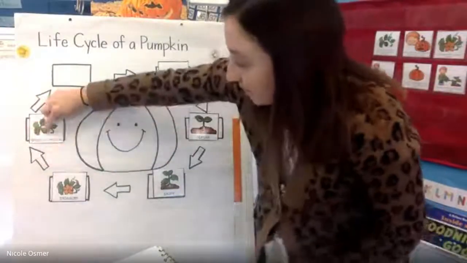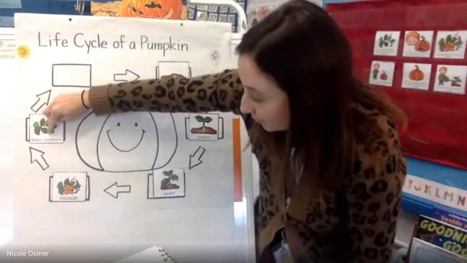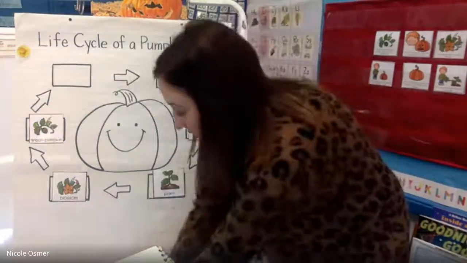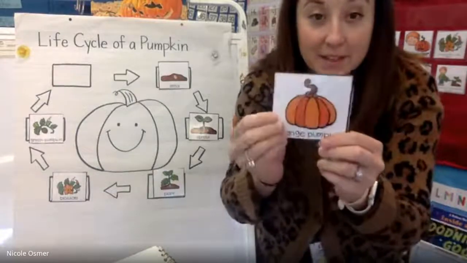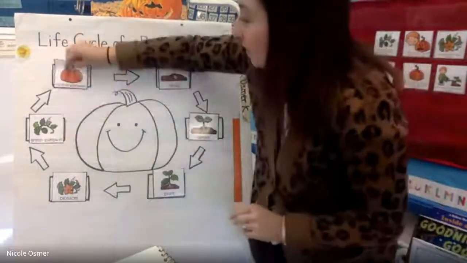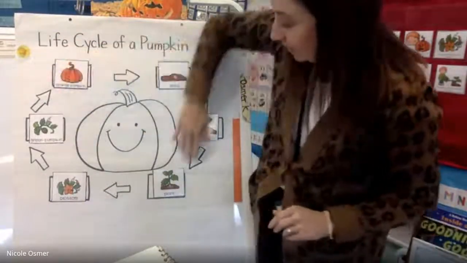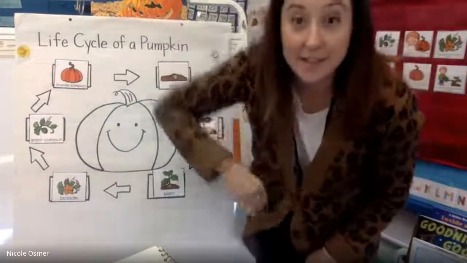And sometimes the flower kind of disappears off from the green pumpkin. It's like attached. And after the green pumpkin, we know the last step is the big orange pumpkin. And it keeps going. And that's why we call it a life cycle.